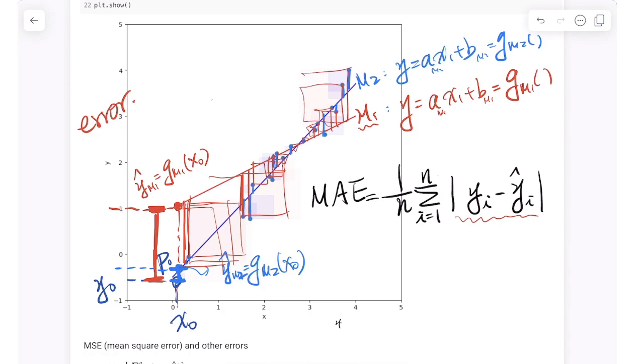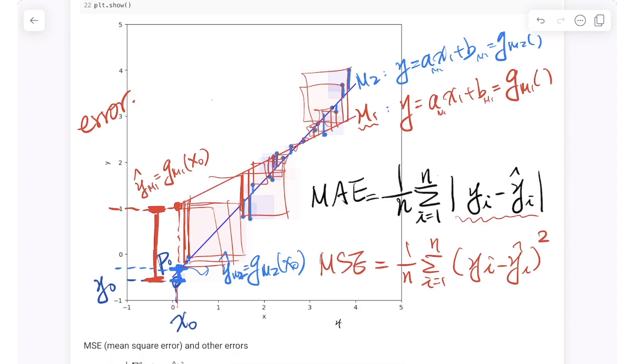So we have another evaluation, which is called mean square error. So we have a square right here. Basically, we have a lot of different red squares and a lot of blue squares, and we compare the average square error of the blue model and the red model.